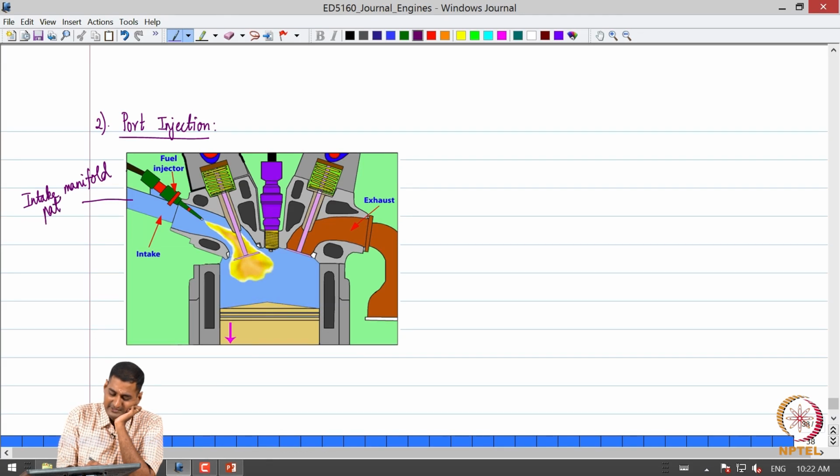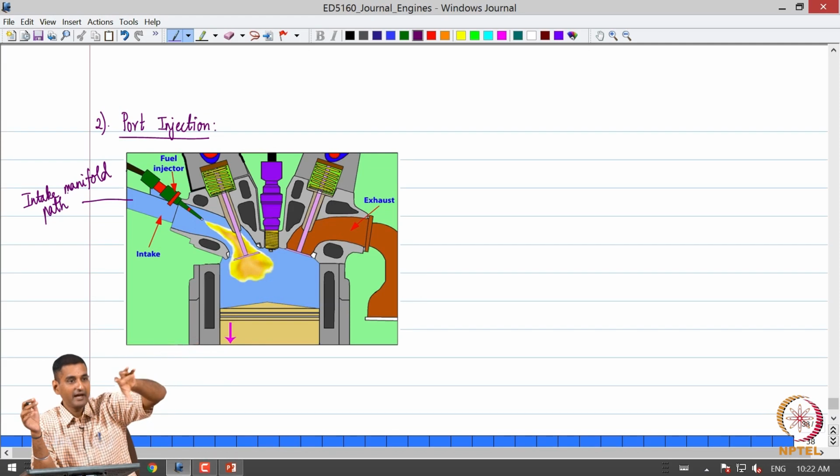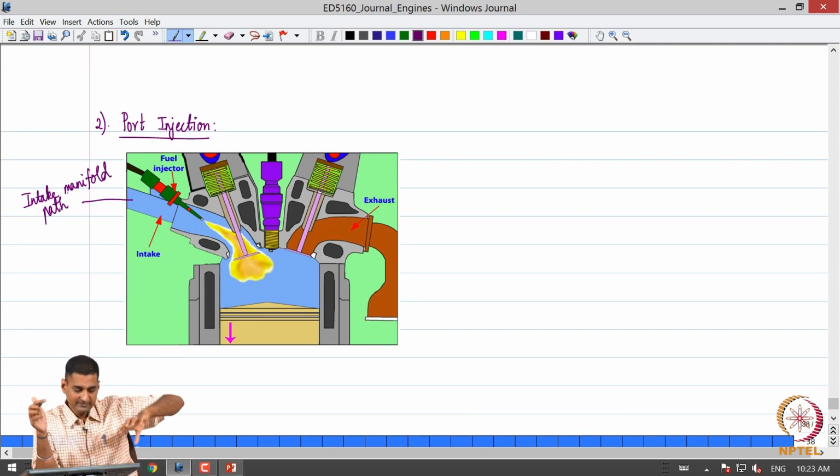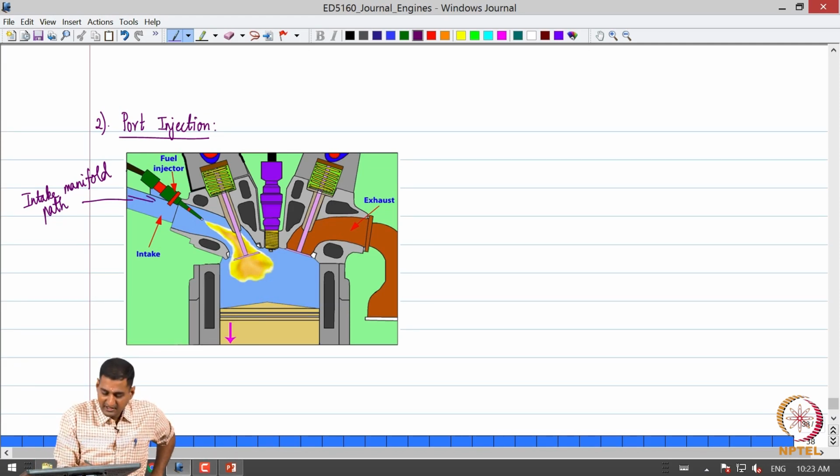Let us say we consider a multi-cylinder engine or even a single cylinder engine, the air has to come from the intake system. The air starts flowing through the intake system and starts coming here. Now just before the inlet valve, a fuel injector essentially sprays fuel at the appropriate time, okay. So that is what is called a port injection system.